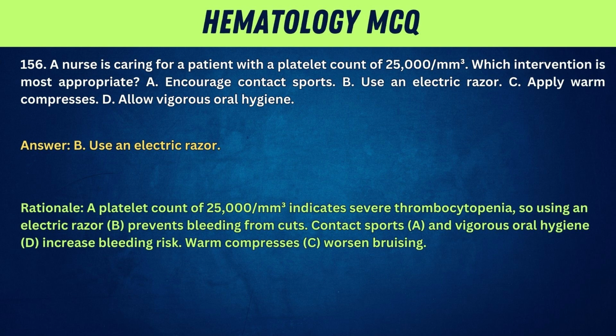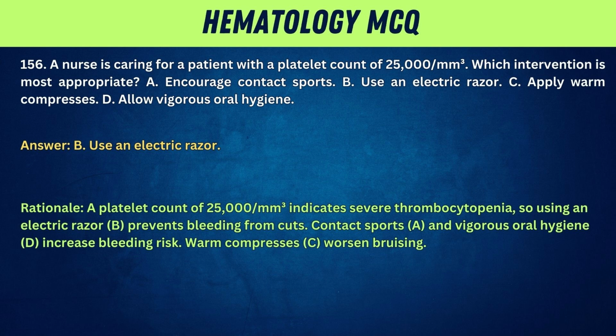156. A nurse is caring for a patient with a platelet count of 25,000/mm³. Which intervention is most appropriate? A. Encourage contact sports. B. Use an electric razor. C. Apply warm compresses. D. Allow vigorous oral hygiene. Answer: B. Use an electric razor.